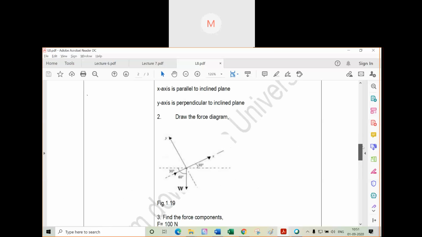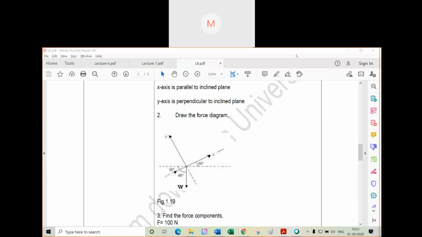Now what happens? If you look here, this will be 100. Suppose this is a body. Now it is saying weight. Remember one thing, the weight is always acting perpendicularly downwards to the body. That means whatever may be the angle, the weight will always act perpendicularly downward. So we are getting this angle as how much?